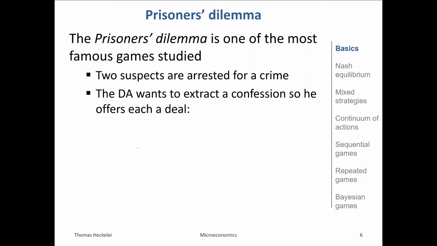So the 2 suspects are in separate places. They don't know the communication of the other with the district attorney or the police. They don't know what the other is thinking or deciding to make. However, they know which strategies they have and the other has. Okay.